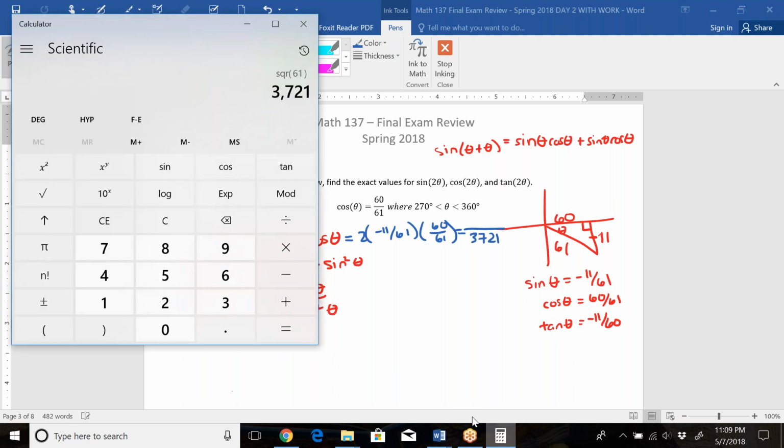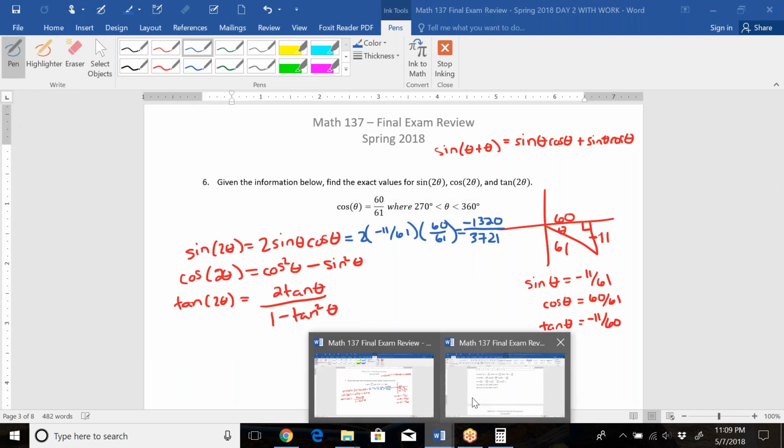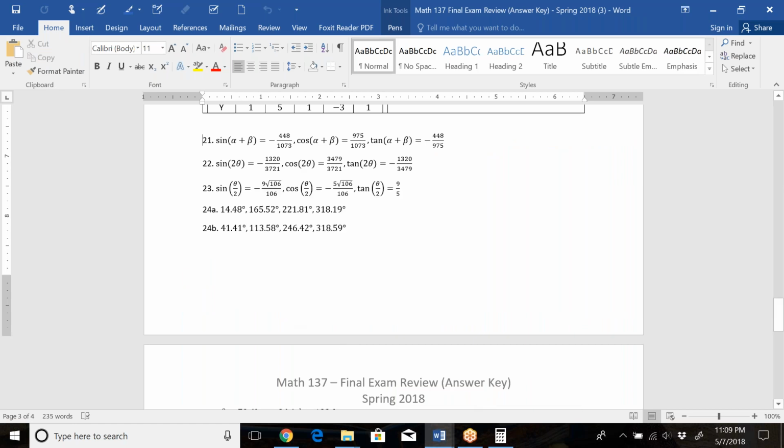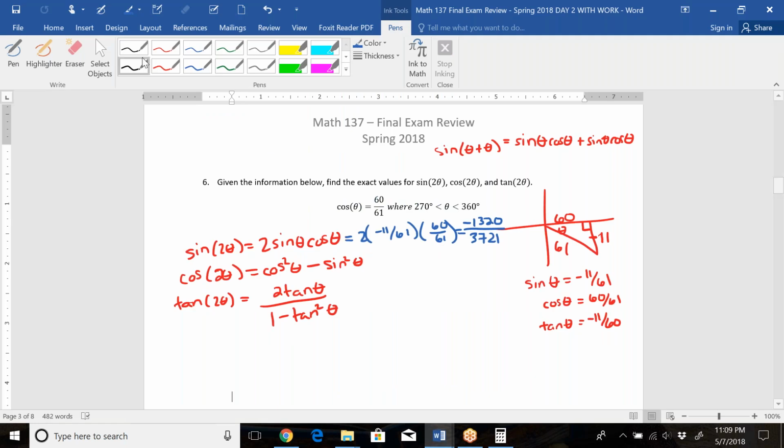On top we do, that's going to be negative 22 times 60, so negative 1320. I don't have a good calculator that lets me check to see if that is reduced or not, so I'm just going to pull up the answer key, and that's how we left it, so it must be reduced. Obviously, you would check that on your calculator on the test.